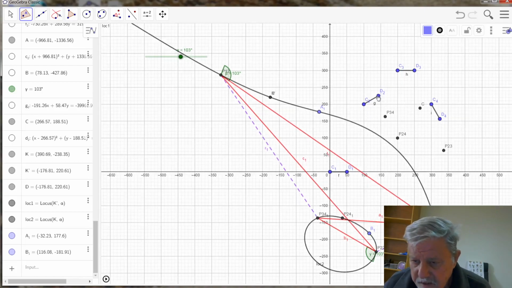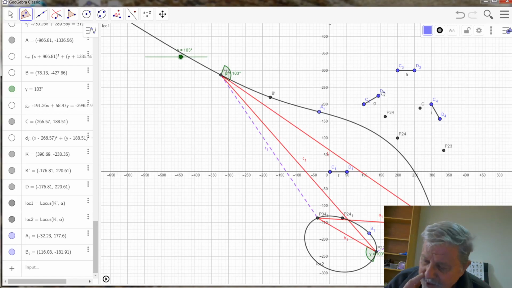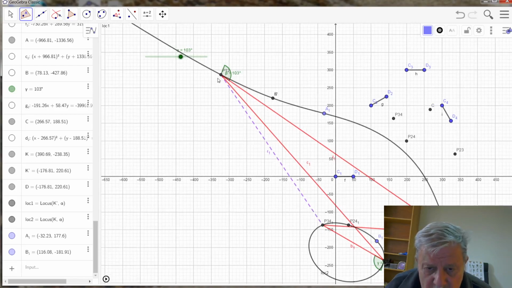Now, if this is A1, let me draw the pole triangle for positions 1, 2, 3. I know P13 is at infinity, but I will use that. This is pole 1, 2.